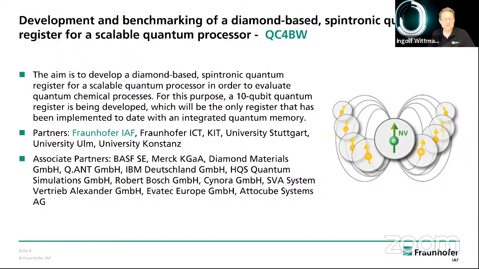The state of Baden-Württemberg awarded funds to different consortia, and one of the consortia is the QC for BW, that means quantum computing for Baden-Württemberg, where we are working on our first diamond-based register based on spintronic technology to build a scalable quantum processor at the end.